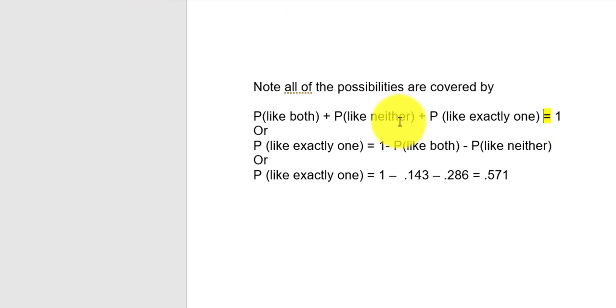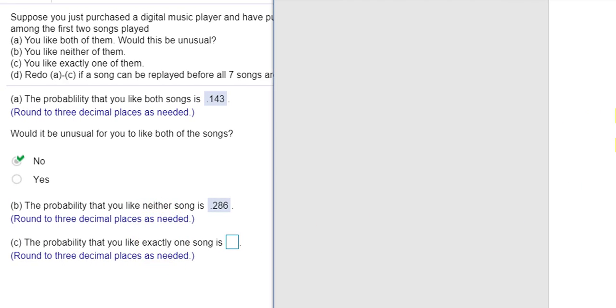you would end up with 1 minus likes both minus likes neither, right? If I subtract these two and bring them to the other side of the equal sign, I'm left with the probability of exactly 1. This is what we're looking for, the probability that we like exactly 1.